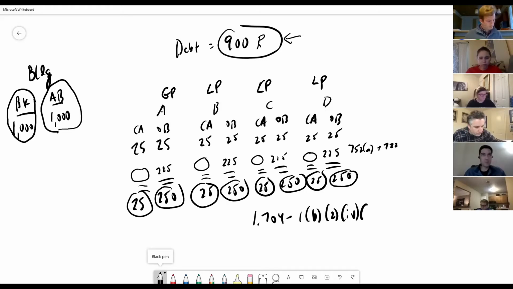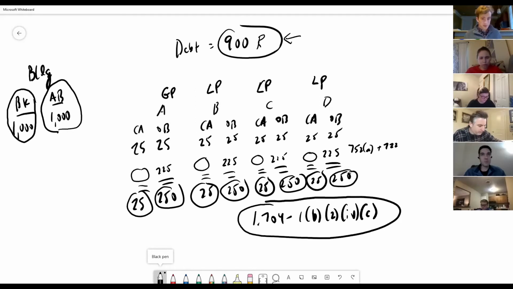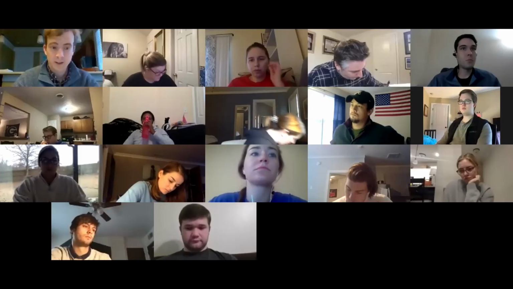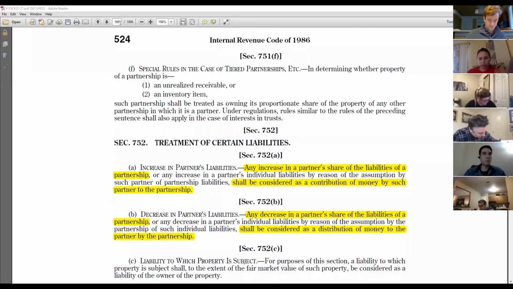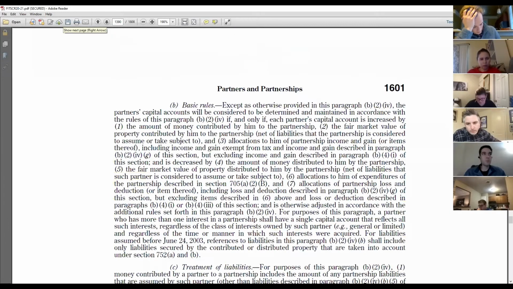Right after (b) is (c), and it tells us about the role of liabilities. So let's turn to that regulation, 1.704-1(b)(2)(iv).